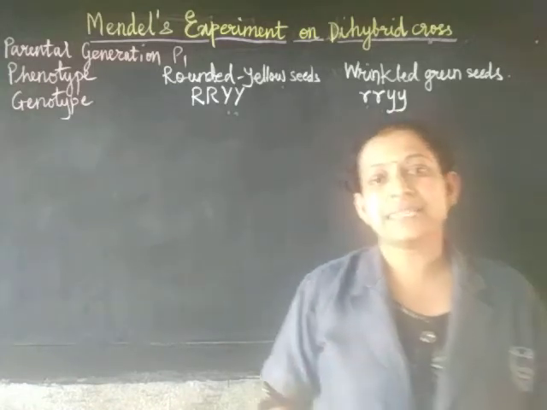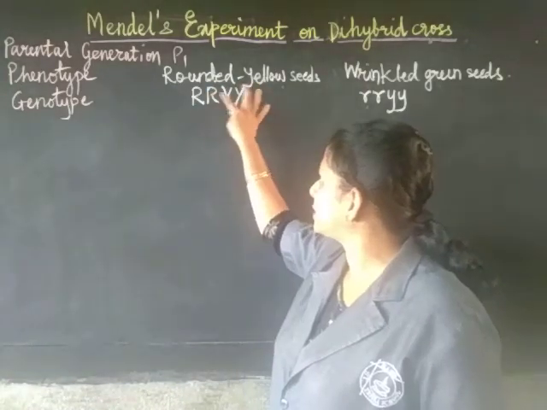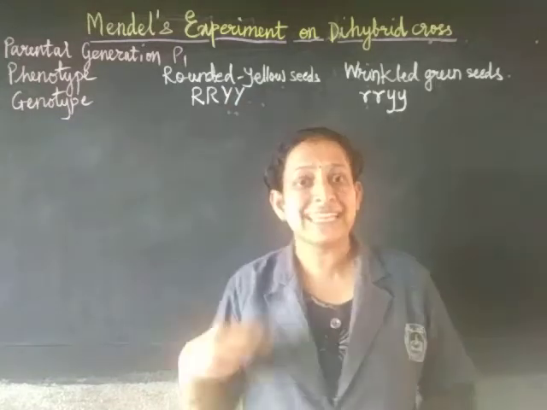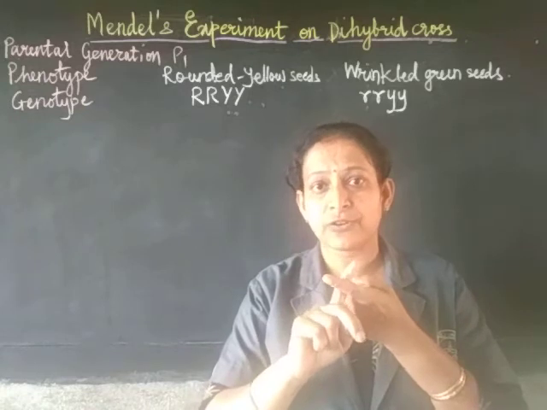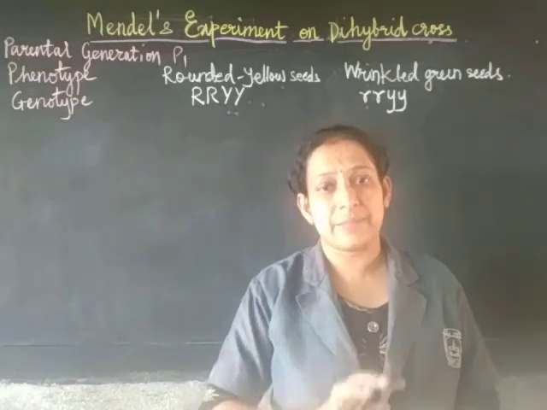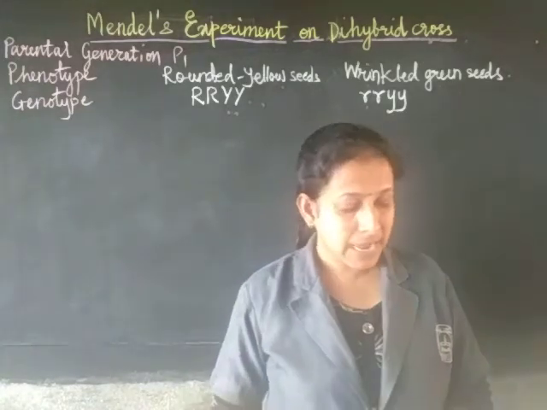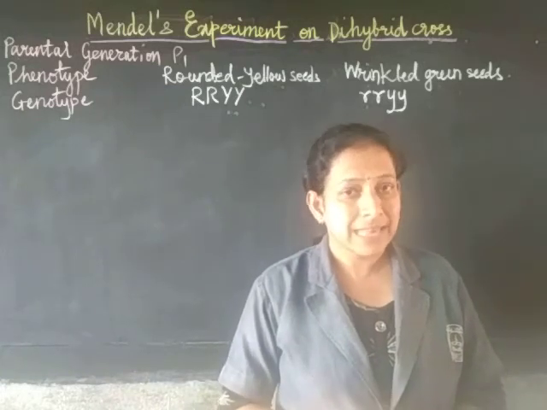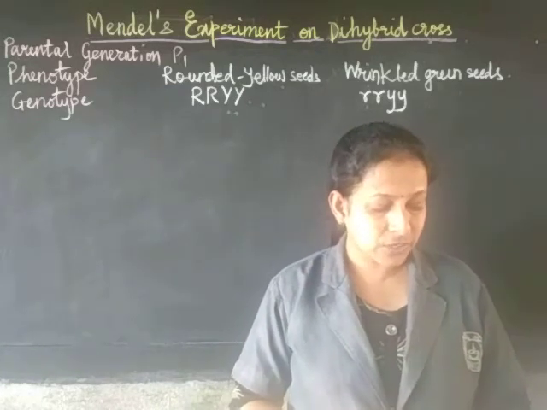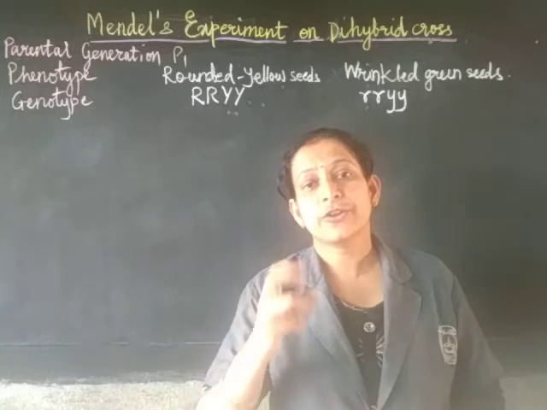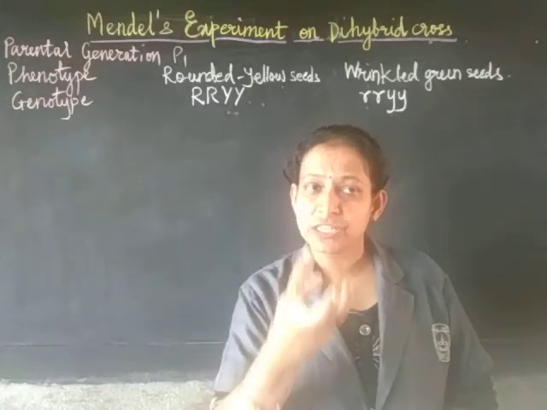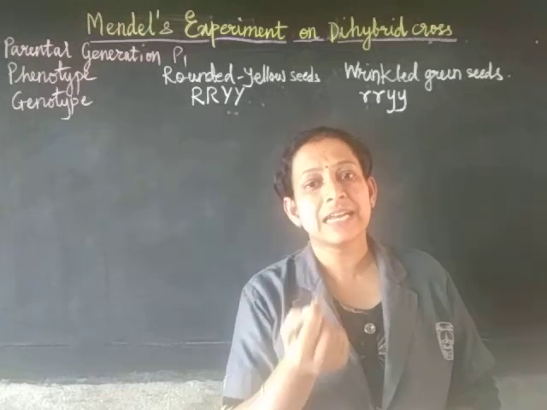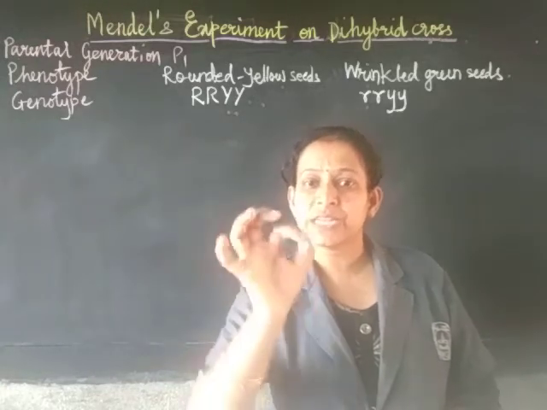Fine. Now you know that when these parental generations are there, they will also form what? Gametes. For fertilization or formation of a cross, whenever crossing is done, there have to be gametes, a male gamete and a female gamete. You have learned last time that during gamete formation, from a pair of genes, a single gene is expressed as a gamete.